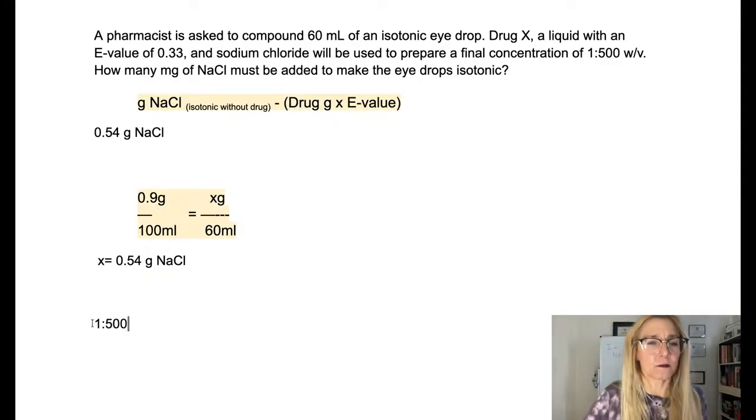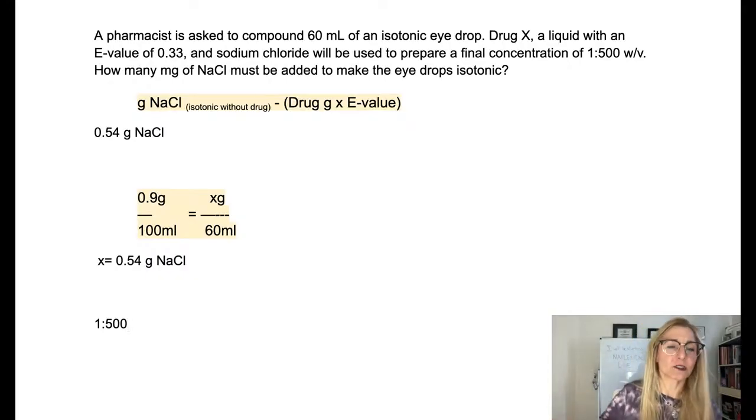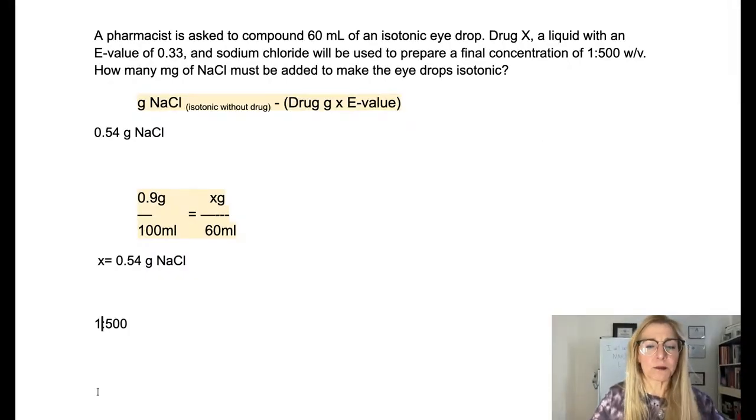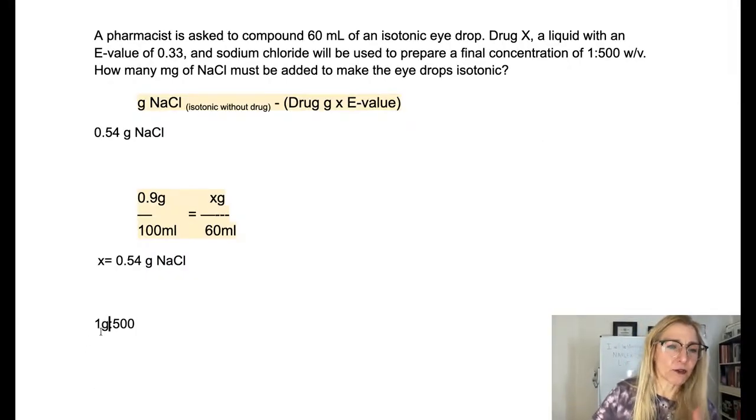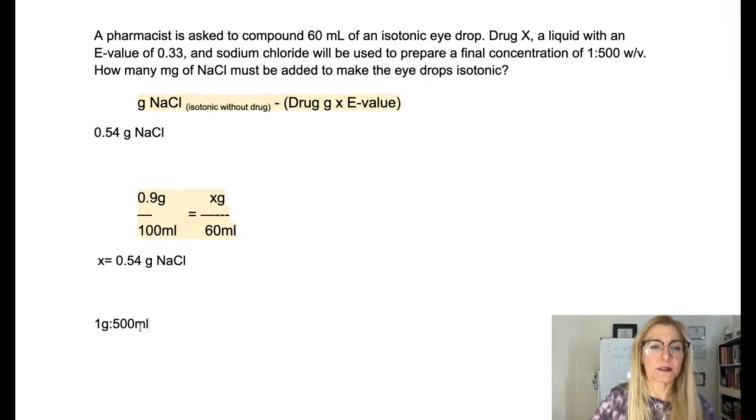Okay, so ratio strength. You know the trick of 100 divided by 500 to get the percent strength? We don't even need to go there. That's an extra step. So if you can imagine, since this is weight per volume, we just put a grams in front of or after the 1 and milliliters after the 500. Let's rewrite that. 1 gram over 500 mLs.